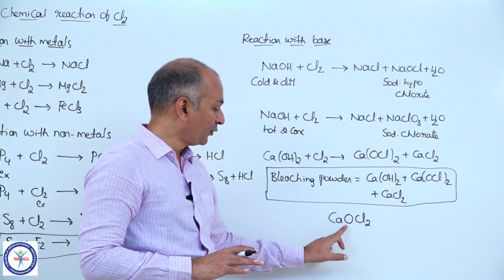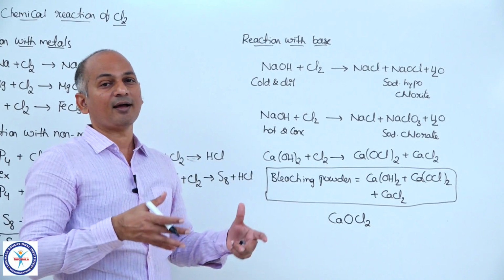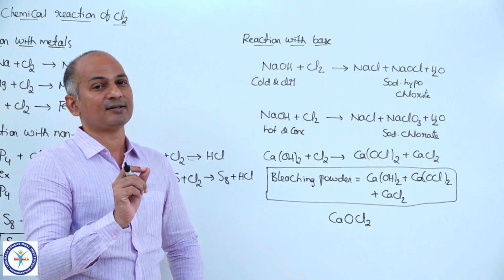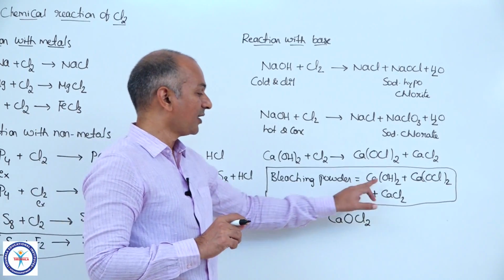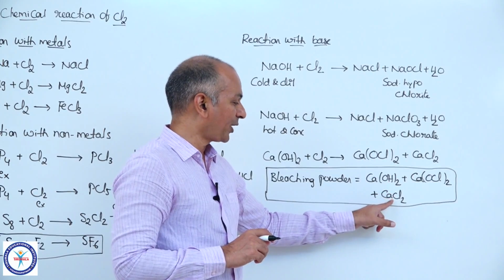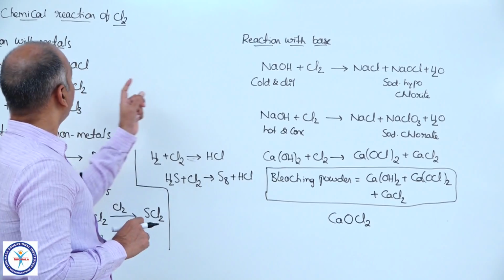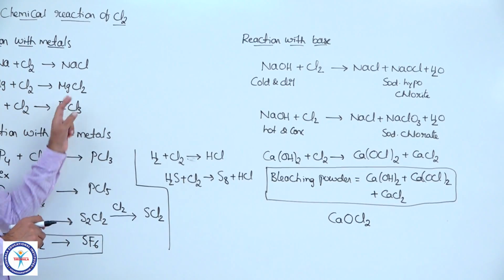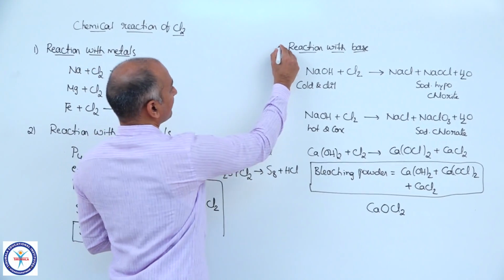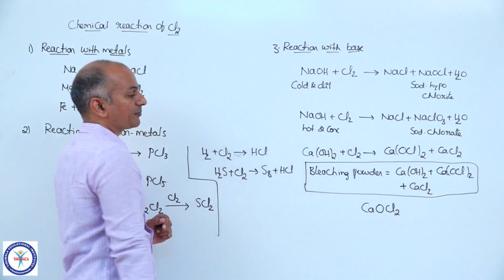If you write bleaching powder like this, there is nothing wrong, because effectively the active part of bleaching powder is OCl minus. But the actual composition is this one: in various amounts, 3 different compounds: hydroxide, chloride, hypochlorite. So these are some of the reactions of chlorine with metals, with non-metals, and with base. And this is the composition of the bleaching powder.